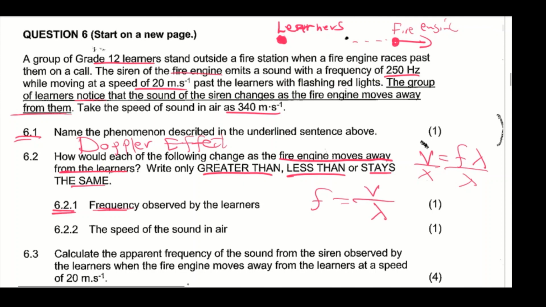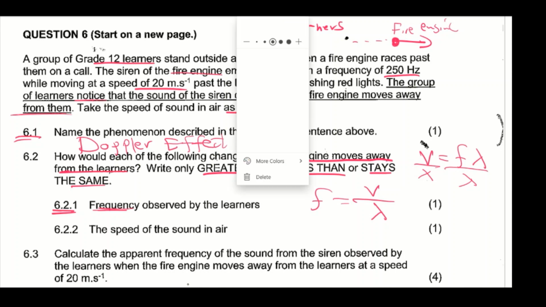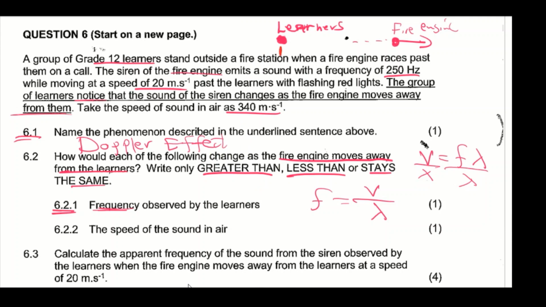The reason why I'm doing this is I want you to look at the learners. The learners are at this point here, right? So the distance between the learners and the fire engine continues to increase. The more the fire engine goes in that direction, the longer the distance becomes, right? So the distance is actually lambda.